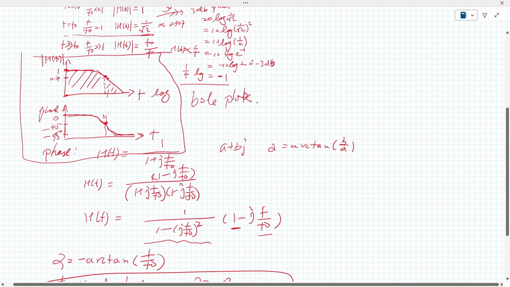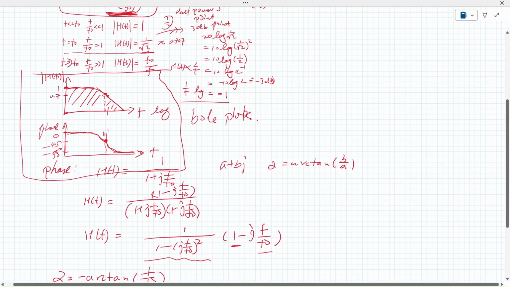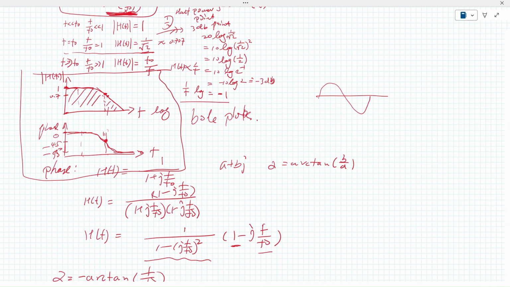Okay, and what this really means, at the low frequency, for example, here we have a signal. If we have a sine wave at that frequency as the input like this, the output will be identical to this. So it's the same amplitude, almost no attenuation, and no phase change. Okay.